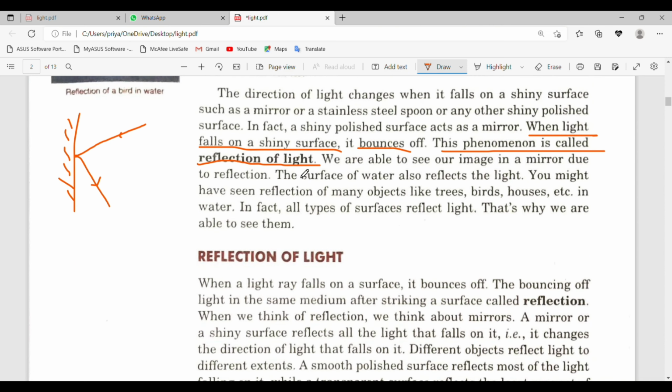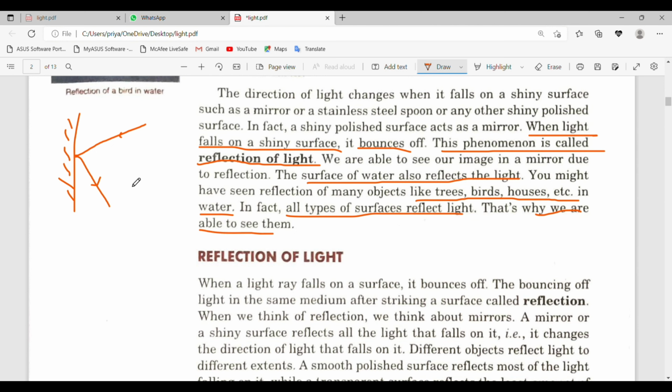Not only a mirror, but the surface of water also shows reflection of light. Sometimes you might have seen reflections of many objects like trees, birds, houses, etc. in water. That is why trees, birds, houses, etc. are visible in water. That is why we are able to see them.